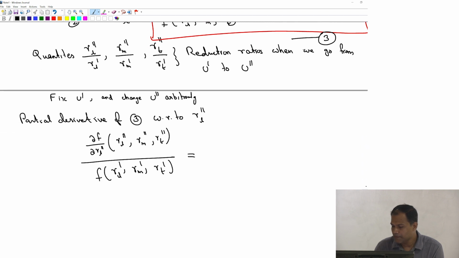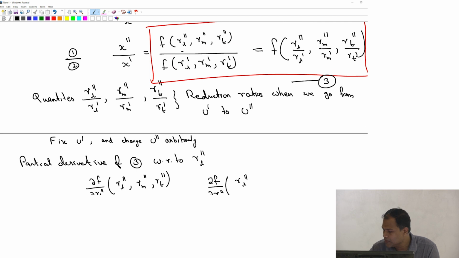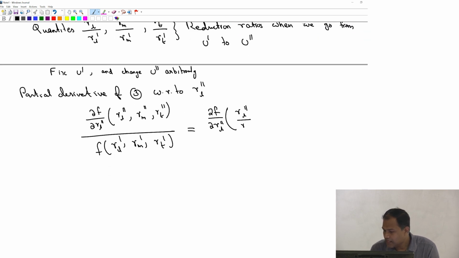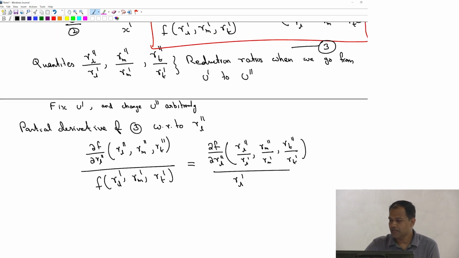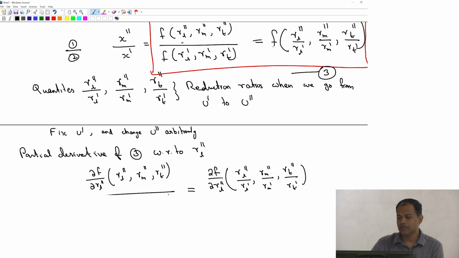So that's going to be dou f by dou RL double prime of RL double prime by RL prime, RM double prime by RM prime, RT double prime by RT prime, divided by RL prime. I just differentiated it, because the variable here is really RL double prime by RL prime, so it's a derivative of f with respect to that times the derivative of that quantity.